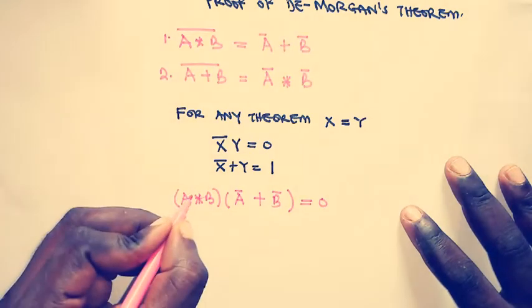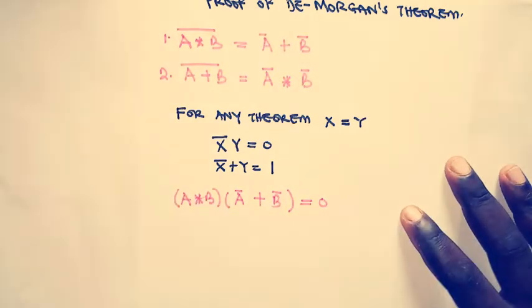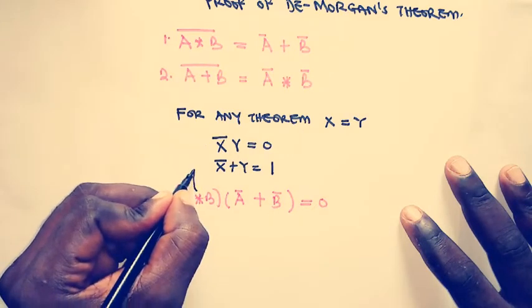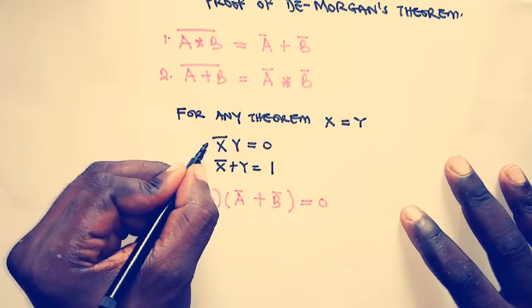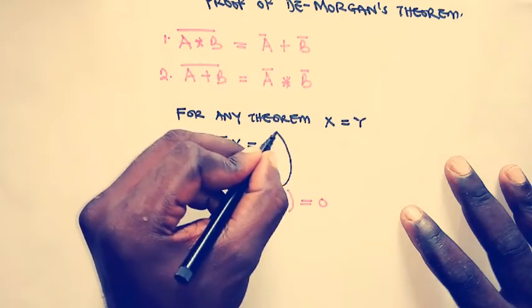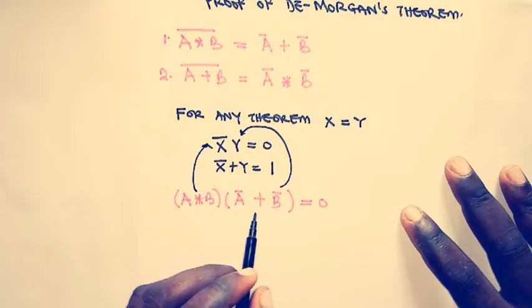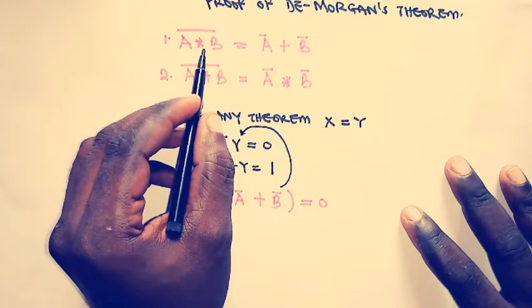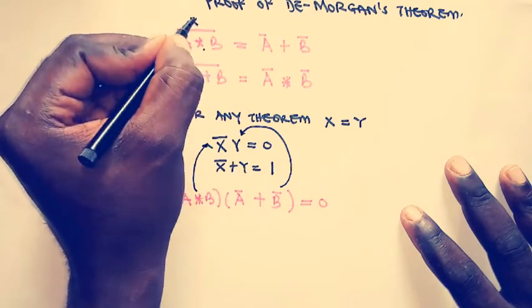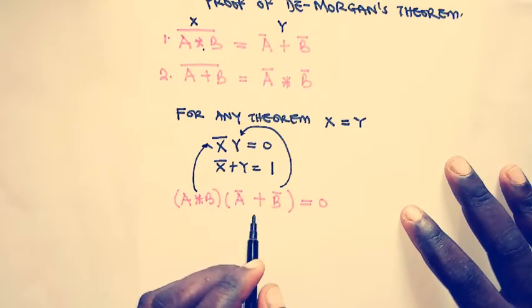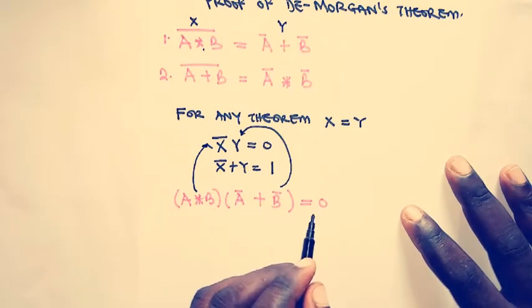Remember, here is our x, and here is our y, and this is our x, and this is our y. So the multiplication of both of them should be equal to 0.